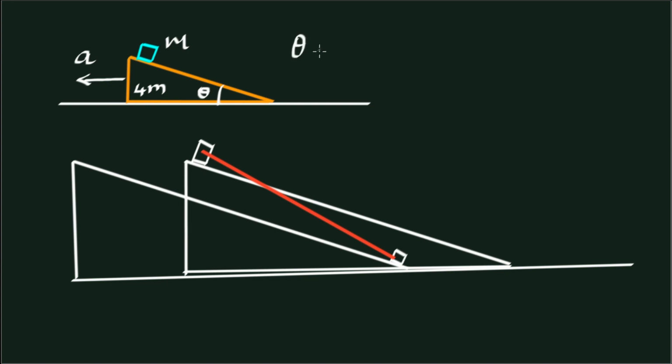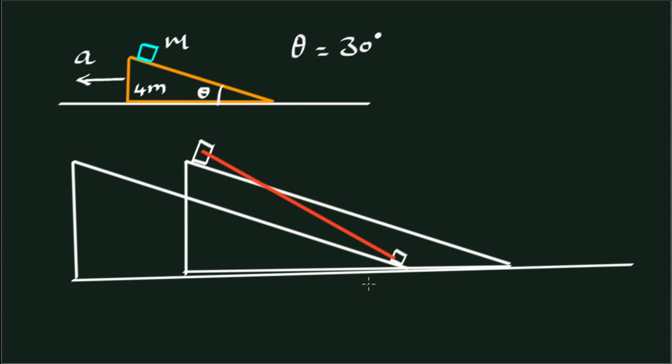Theta is given as 30 degrees. The block actually moves down at an angle greater than 30 degrees, and we don't know this angle, which means you cannot use mg cos 30 as the normal reaction. You cannot say that the block slides down with an acceleration of g sin theta. All that goes out of the window.